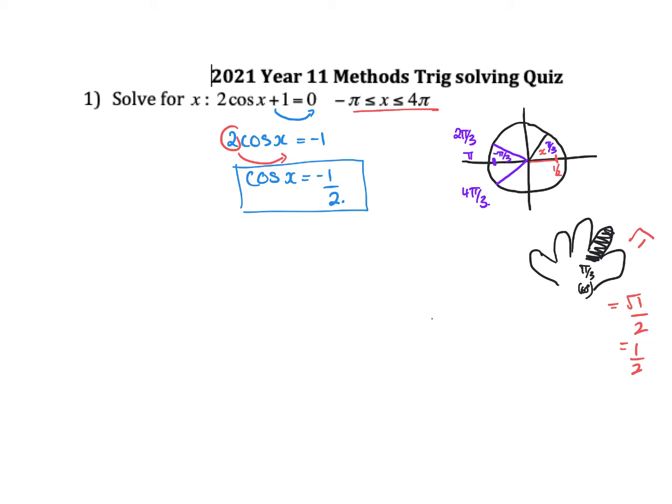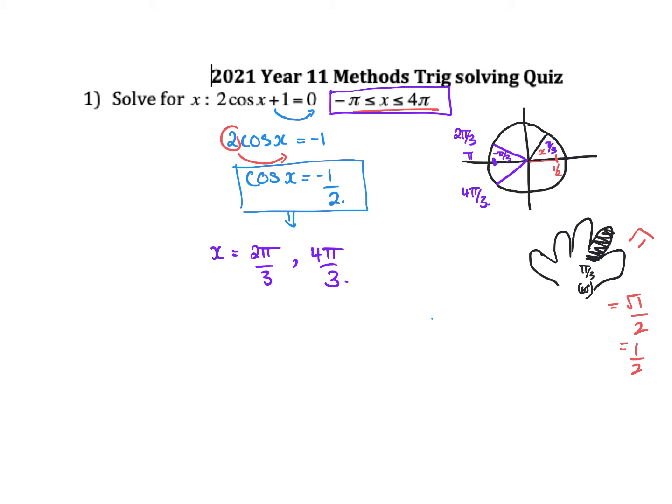So cos x equals -1/2 when x is either 2 pi on 3 or 4 pi on 3.